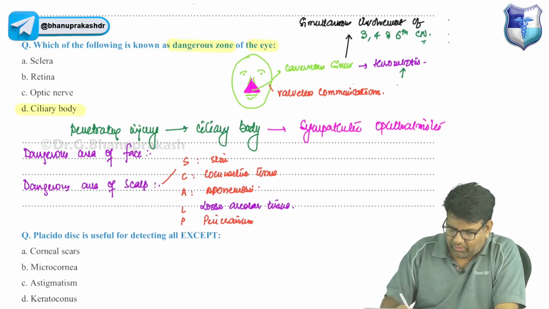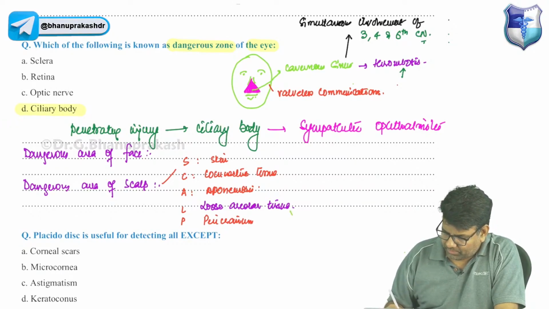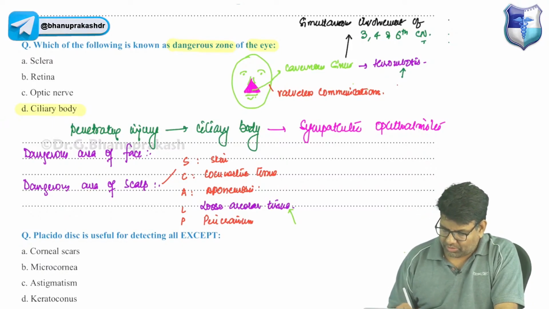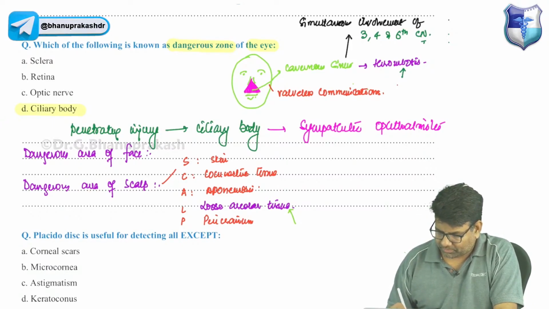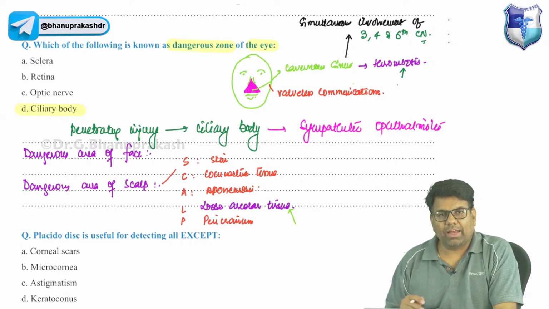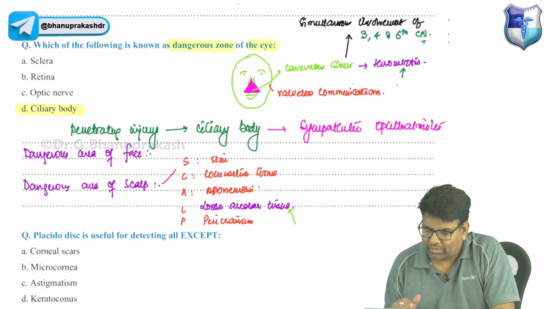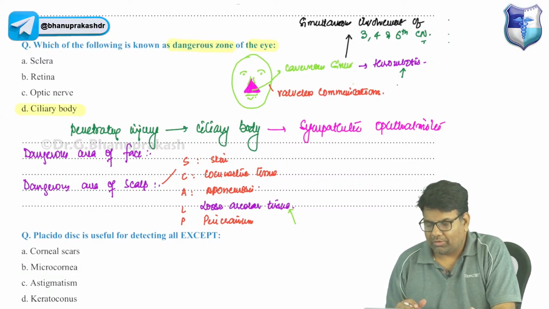Out of these 5, we are interested in discussing loose areolar tissue, because this is the point of connection between the extracranial and the intracranial veins, right? Yes, Prakashi, you are absolutely right.